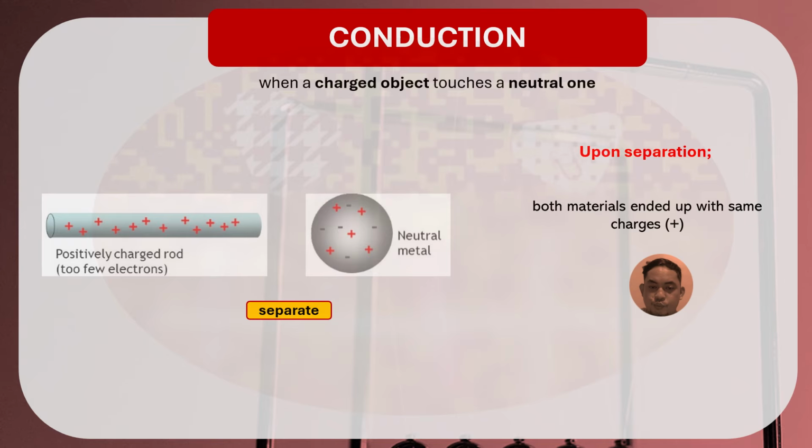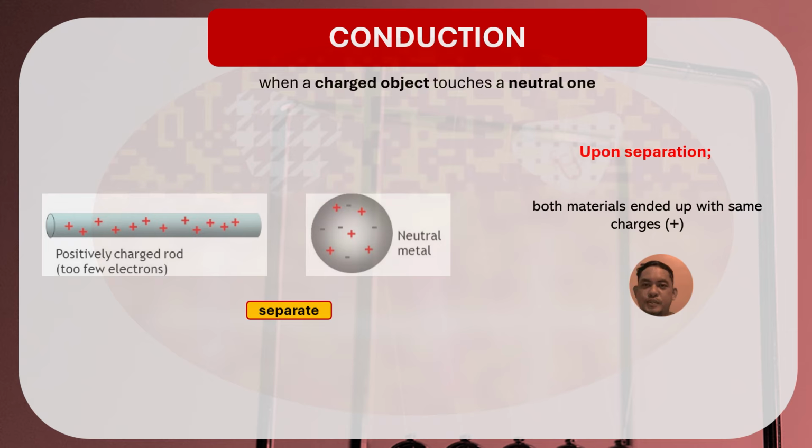And upon separation, when we separate these two materials, what will happen? Both materials will end up with the same charge, and it must be positive, since the positively charged rod touched the neutral one.